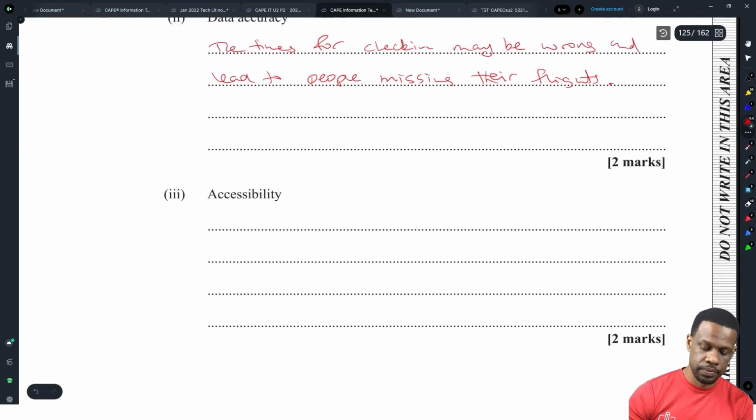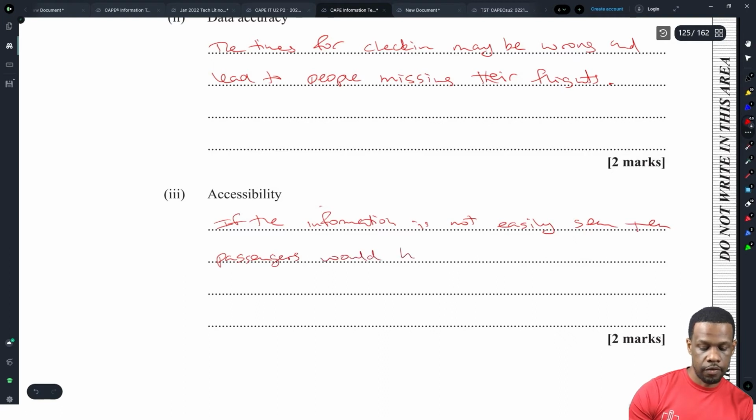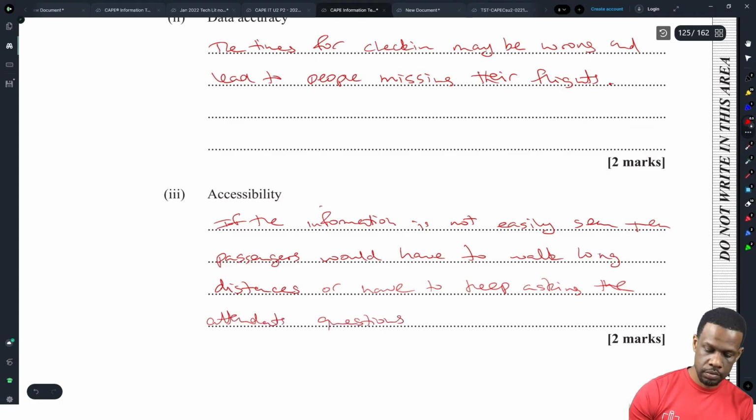Accessibility: if the information is not easily seen, then passengers would have to walk long distances or have to keep asking the attendants questions.